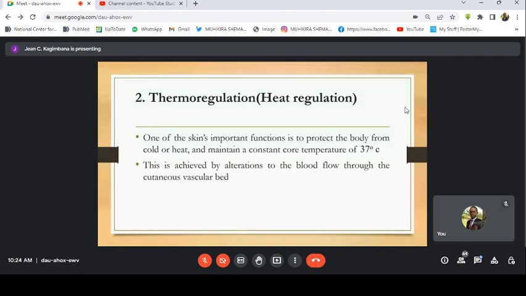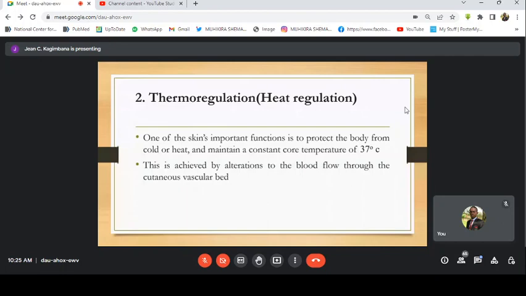Thermoregulation. We have seen again. Our skin has a normal temperature of 37. Now, if you are exposed to the sun or excessive cold, okay, the regulation is made through the skin, because of that vascularization we have seen, vasoconstriction, vasodilatation, okay, that's why the body temperature remains always 37.